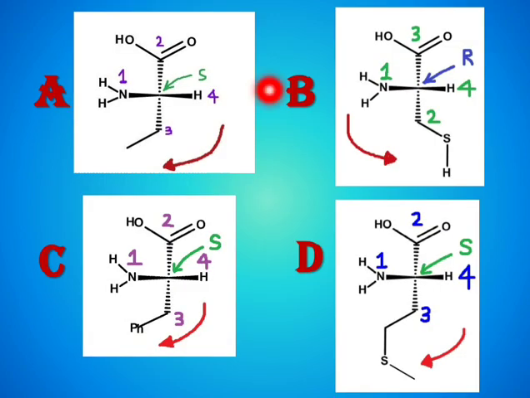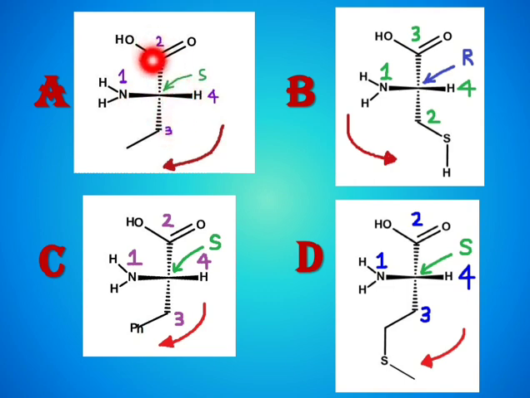Here you can see in the first structure I have assigned the priority to all the four groups attached to the chiral carbon, that is the nitrogen, the two carbons and a hydrogen. The first priority goes to the nitrogen as it has the highest atomic number. Then the question comes between these two carbon atoms.